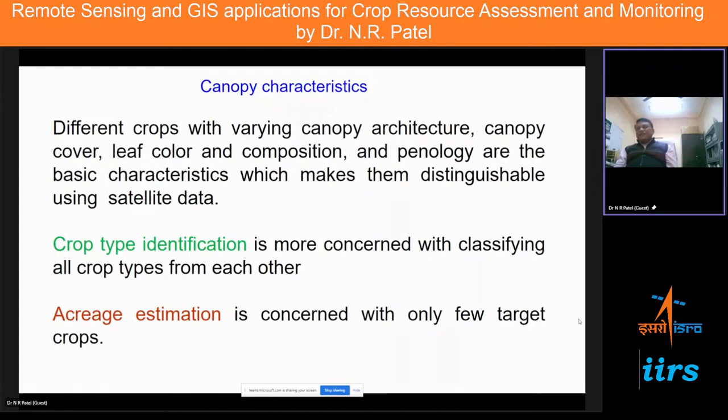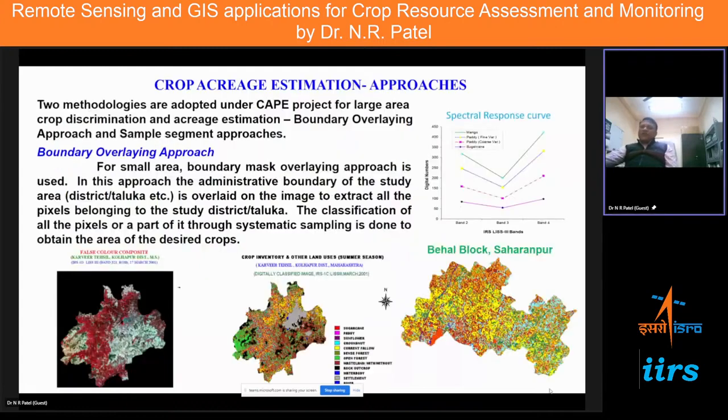Here you see one example with the boundary overlaying approach, because there are two approaches that have been used for classifying different crops. One is the boundary overlaying approach, another is the stratified sample segment approach.